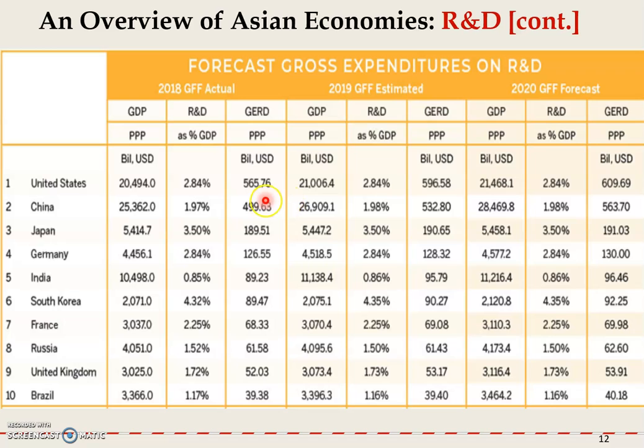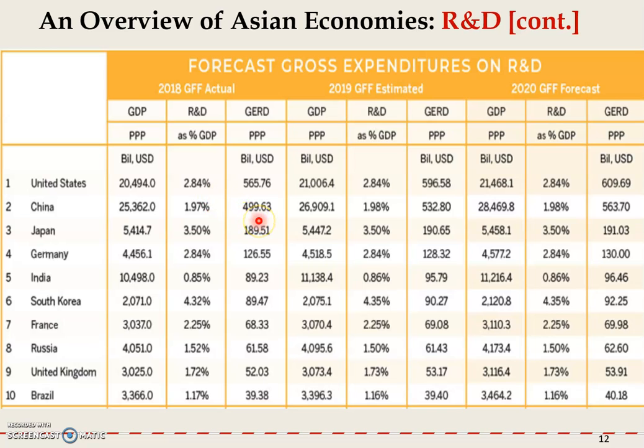Okay, and so here, as you can see, in 2018, for example, the United States spent $565.76 billion on R&D, which accounted for 2.84% of its GDP.